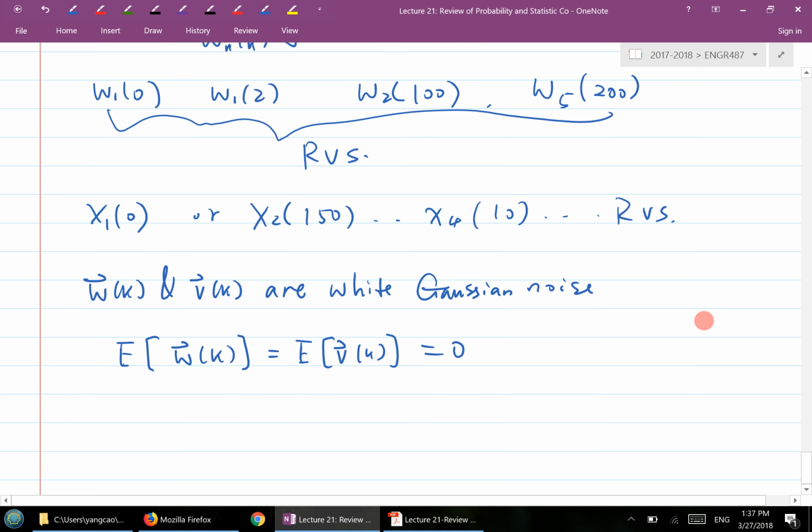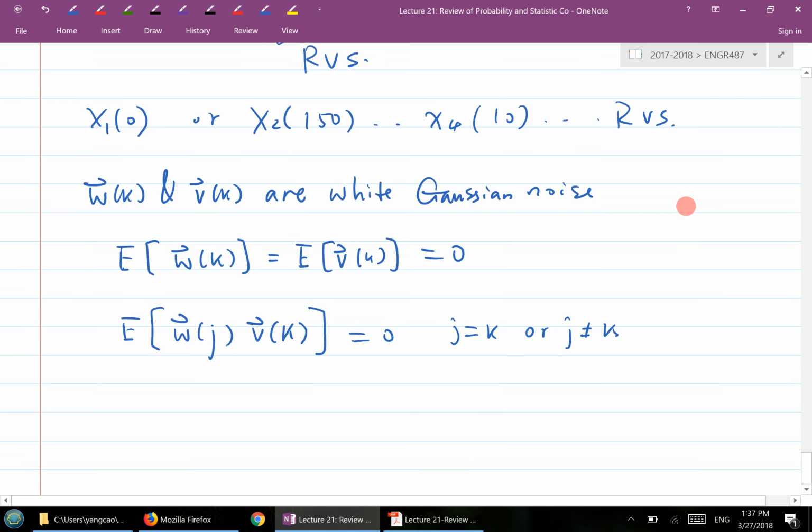And also they're independent. So if I calculate the correlation between, for example, these two here, it will be 0. It doesn't matter whether j equals k or j does not equal k, because I'm comparing W and V here.